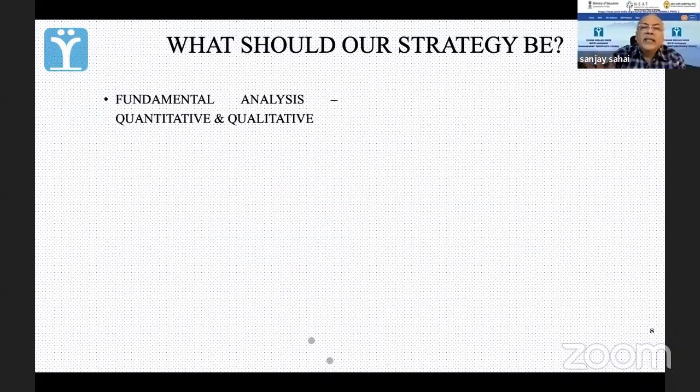If it is stable or going down, you can say that the company's credit policy is good. People who buy on credit from this company are returning that money. If you begin to look at those things, and on that basis decide whether the company is financially healthy or not, you are basically doing fundamental analysis. And what type of fundamental analysis? Quantitative fundamental analysis.